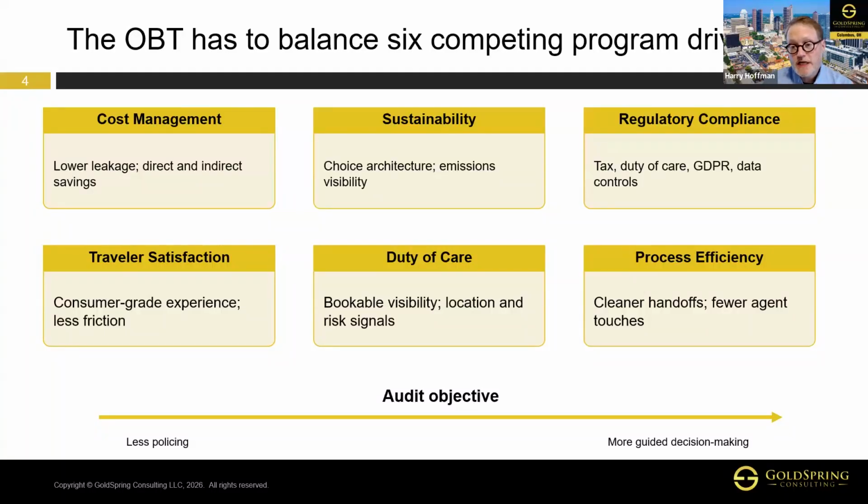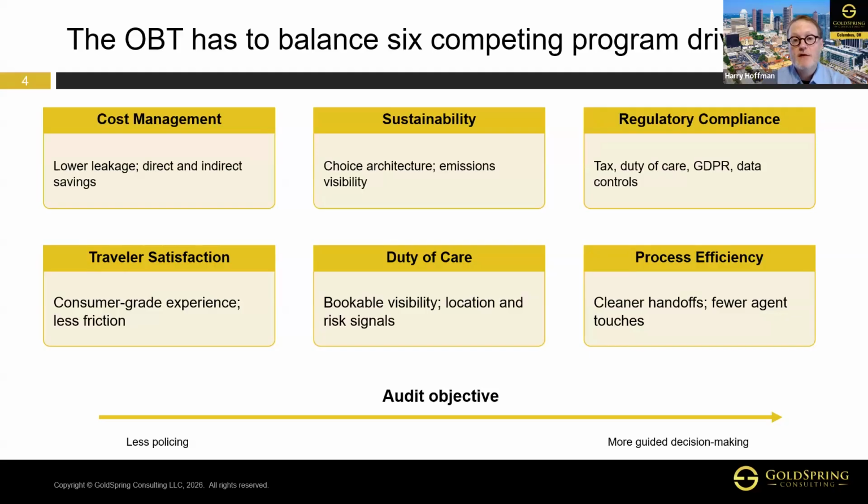We also look at regulatory compliance: on the back end, how taxes apply to everything on the OBT, and for duty of care, making sure all the data is captured and flowing through, GDPR, data controls. Then, one of the big things with the OBT is traveler satisfaction, making sure your traveler gets the right consumer-grade experience so it's working smarter for them and not harder. And then, duty of care, there's visibility into where they're booking.